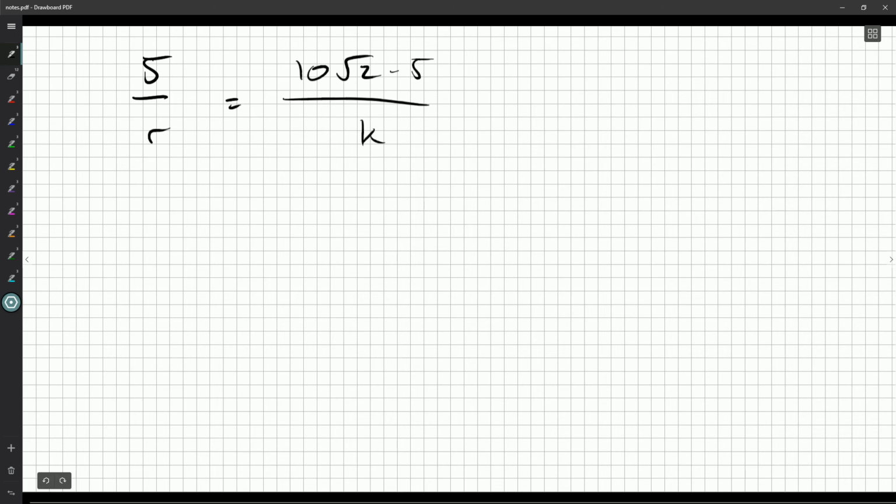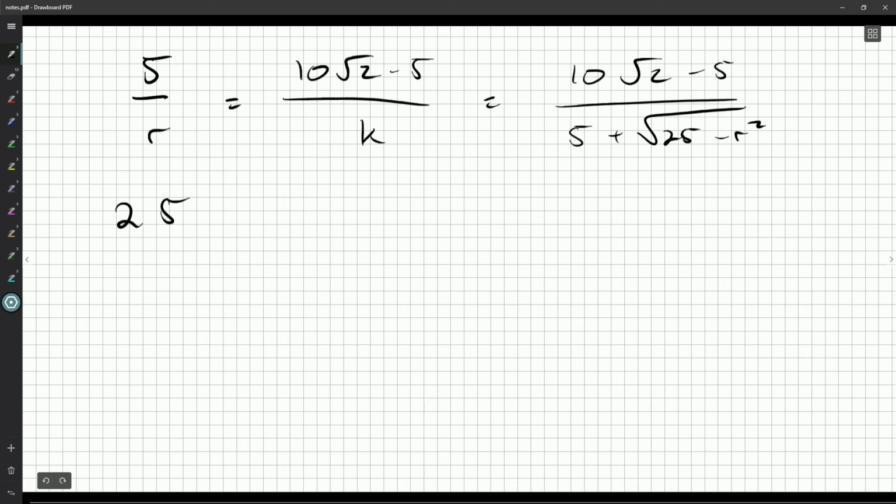But we do have another expression for K. It's 5 plus the square root of 25 minus R squared, although I hesitate to bring that back in. Now if we cross multiply here, we'll get 25 plus 5 square root of 25 minus R squared is equal to 10 root 2 R minus 5R.